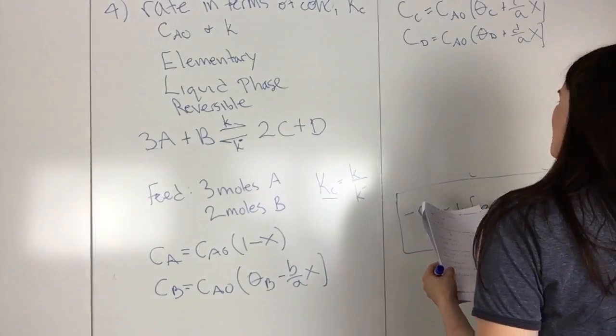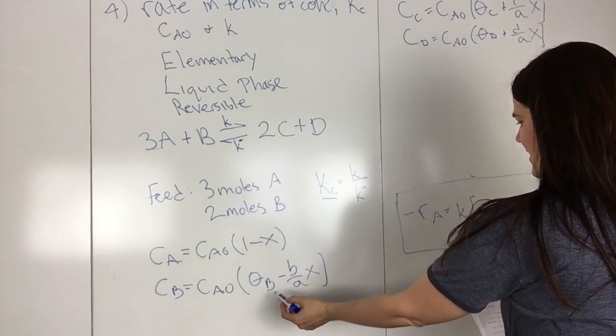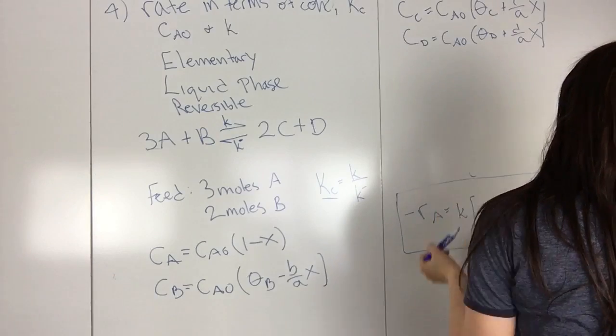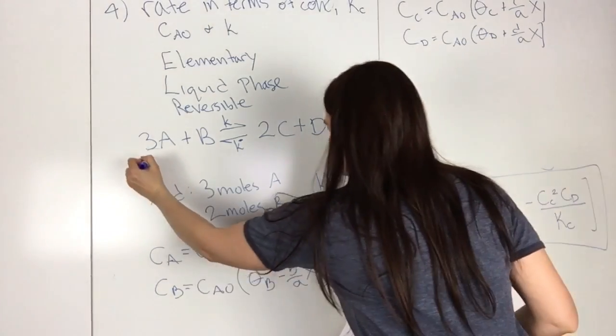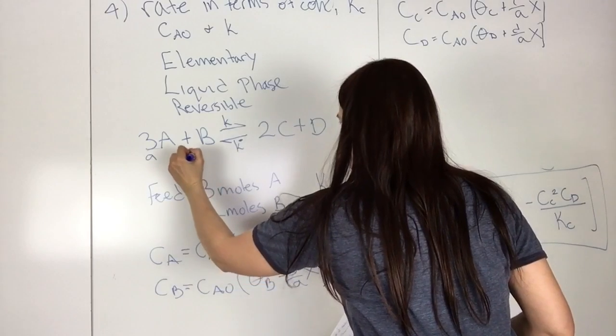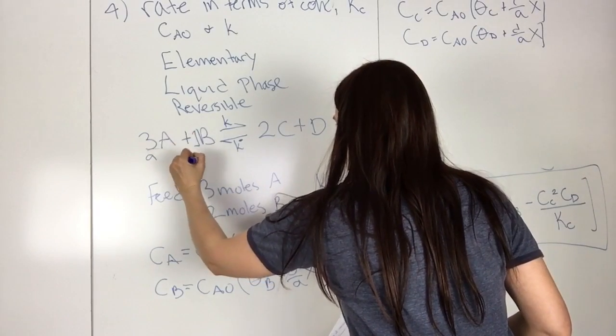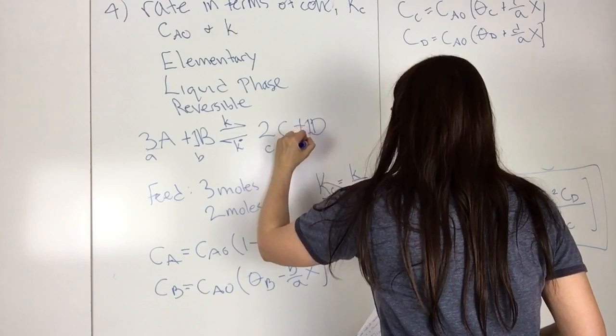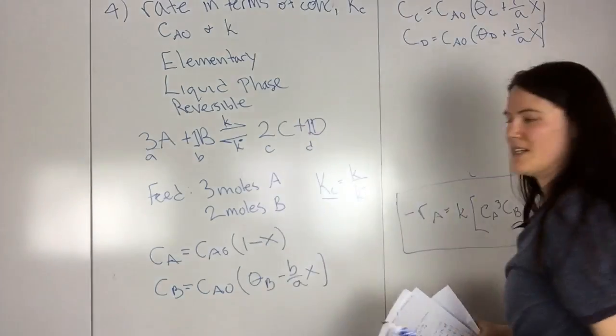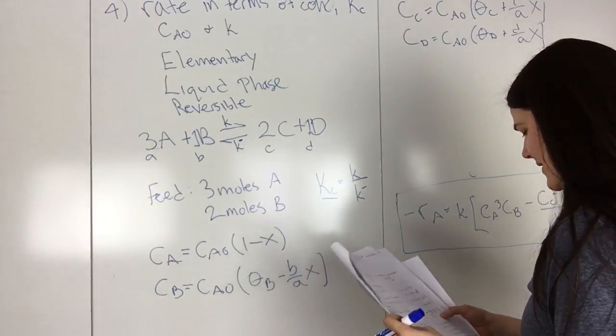Anyway, now we need to figure out what theta B, theta C, and theta D are. We already know what A, B, C, and D are: A is 3, B is 1, C is 2, and D is 1. Those are the stoichiometric coefficients.